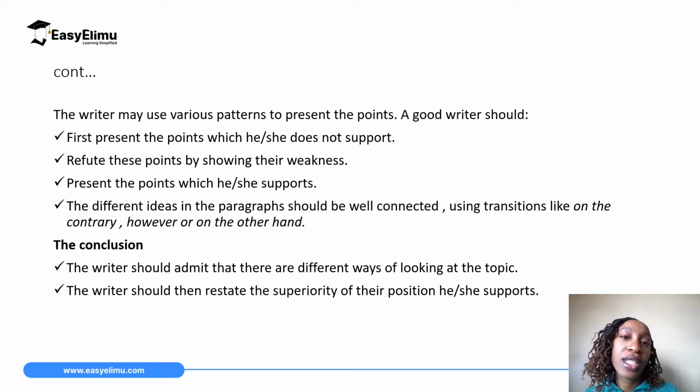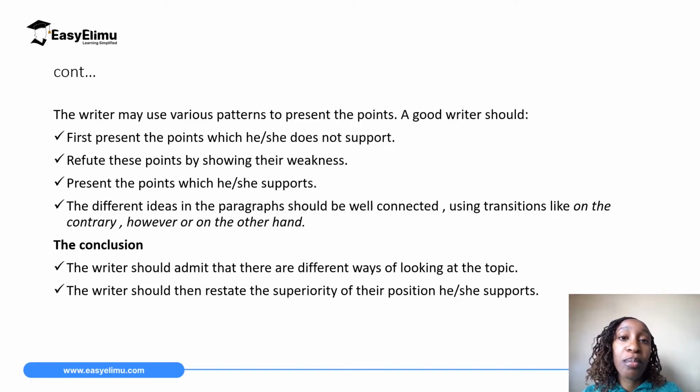So when you're writing an argumentative essay, there are different patterns which you can use, and we will look at that a bit later. But the most important thing is that you present the points that you do not support, and then after that, you refute those points by showing their weakness or by saying why you don't support them, and then write down the points that you support.